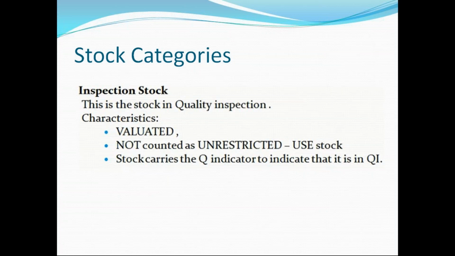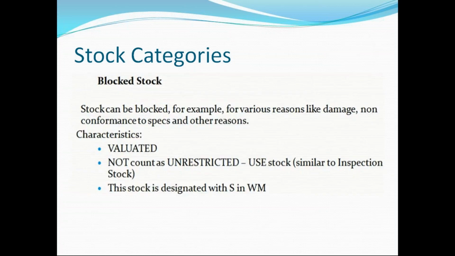Once the material passes the quality inspection from the quality department, it will be converted back from quality to unrestricted and put into the particular bin so that the material will be useful for further usage. This material is indicated by Q in the quality inspection.